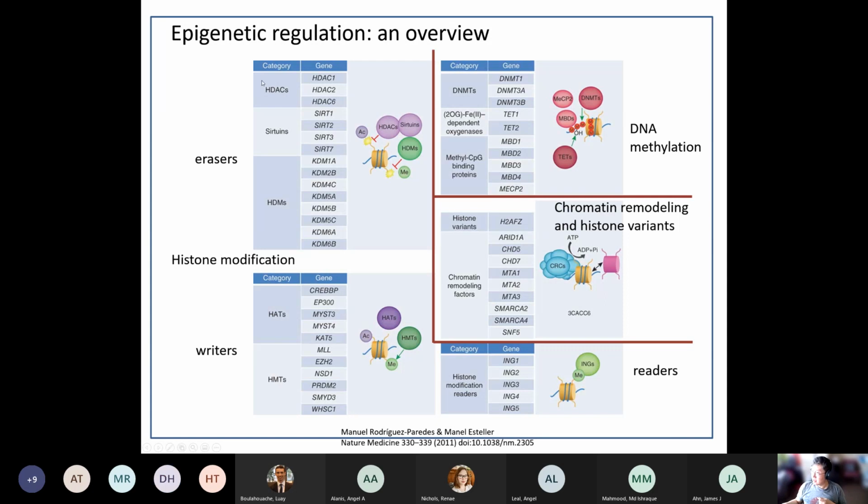So shown here is histone modification, and here is DNA methylation, and then this third group is histone variants and chromatin remodeling.